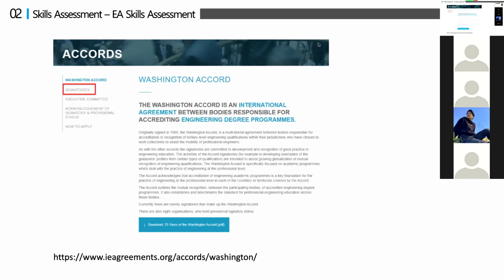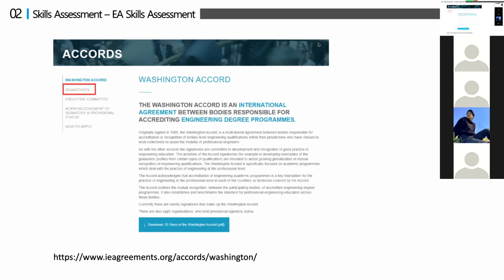So how can you find whether your course and your university are accredited by the Washington Accord? Again, I'll show you the website. You can simply come into this Washington Accord website, and on the left-hand side you can see the menu. If you click this menu, you can also see the list.